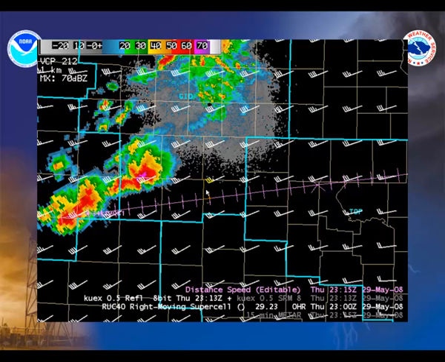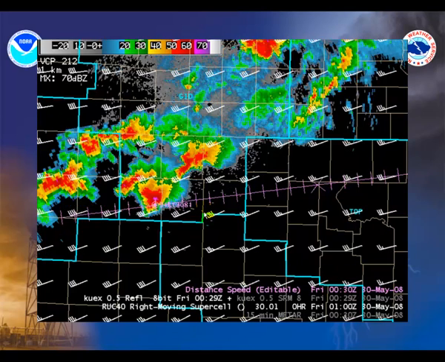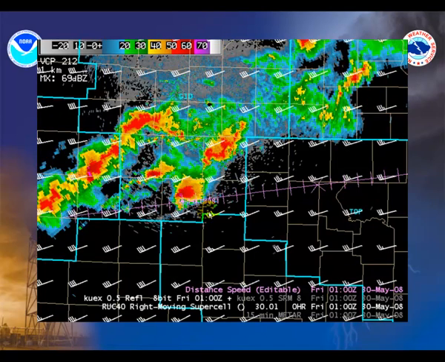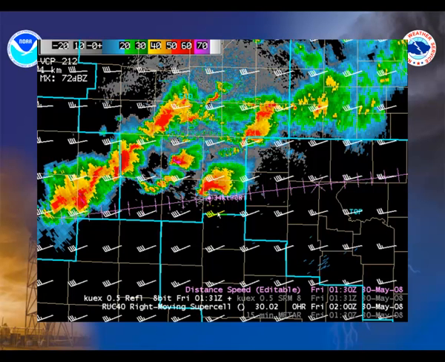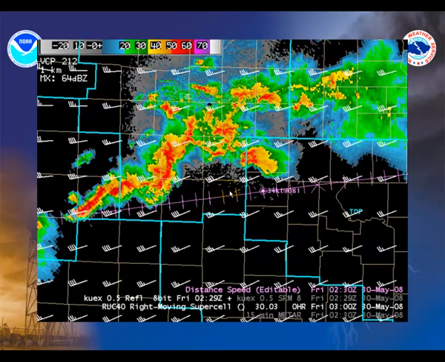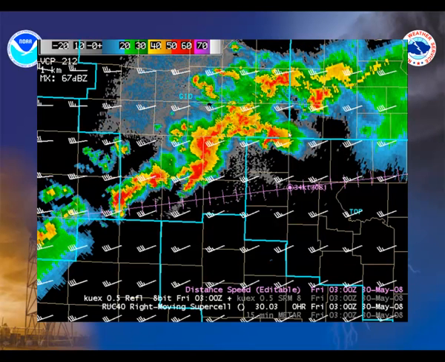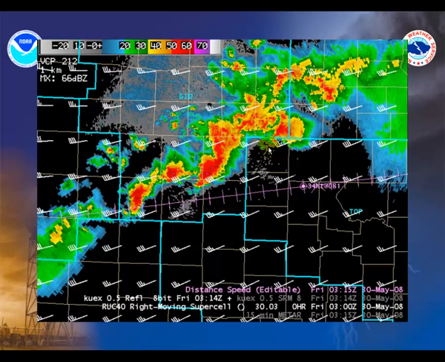Goodland at this time. You can see our ID method right mover vectors was from about 250 at 35 here. And the storm was basically paralleling a nice track from about 260 at 34 knots, and now around 01 to 02Z, it started deviating from that track, started moving more northeast, and here we move much more northeast, and there it's about from 210 at this point moving northeast, and then it hooked up again and went across our northwesternmost county there.